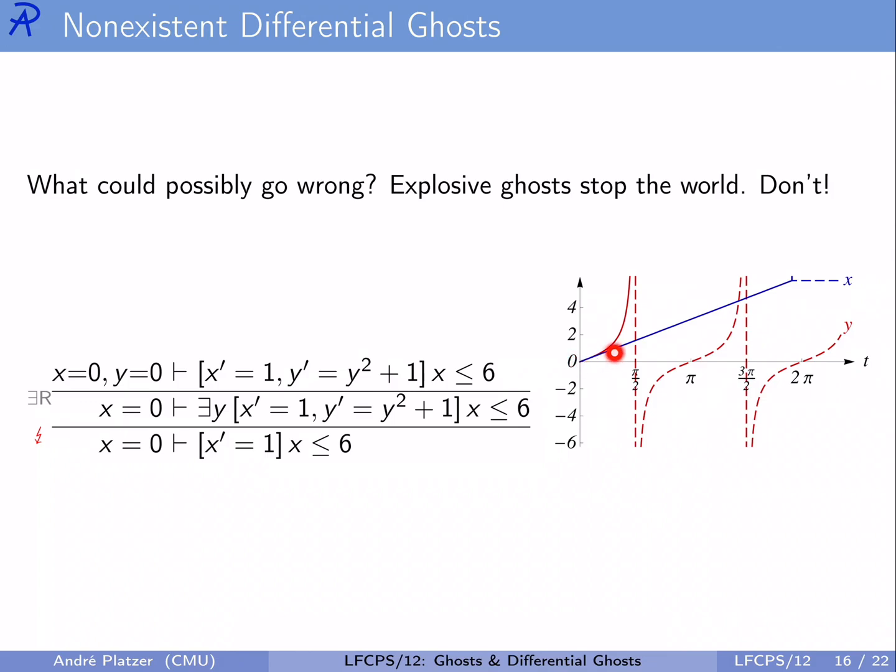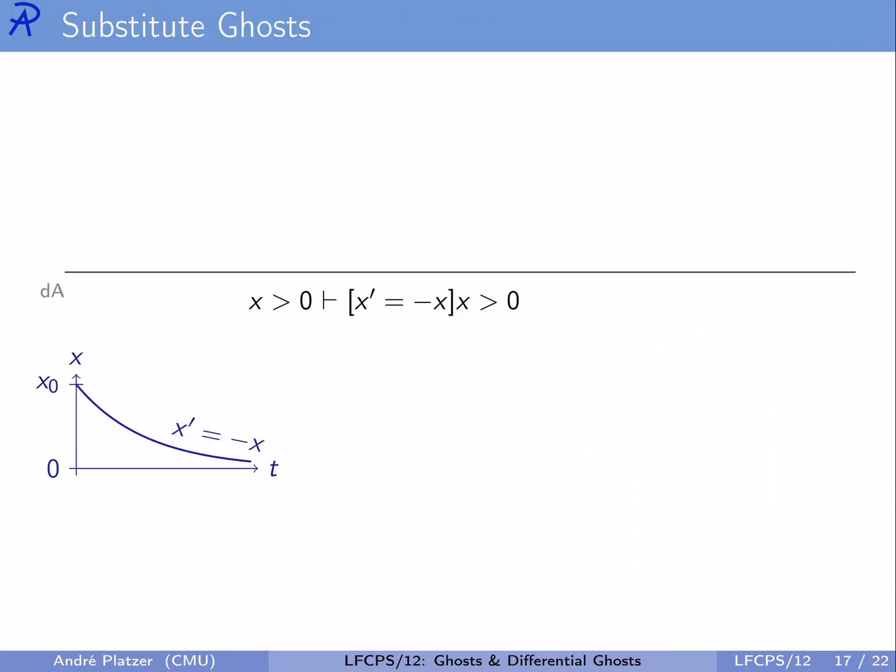You need to actually have an argument for the true behavior of the system, so any augmented differential equations that you put in need to still have solutions while your original source system has solutions.